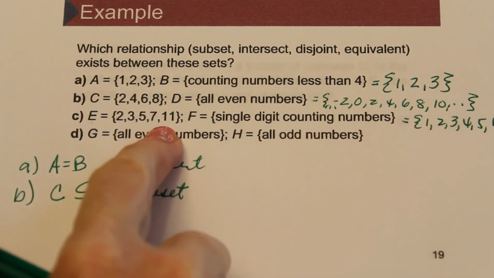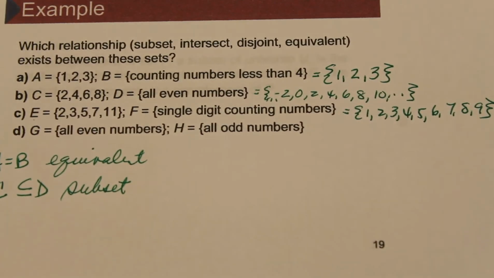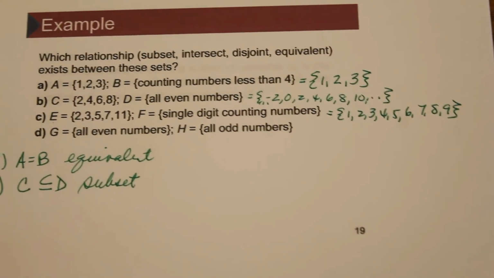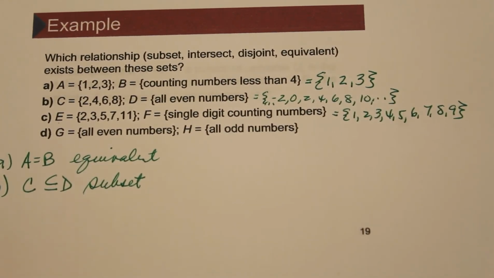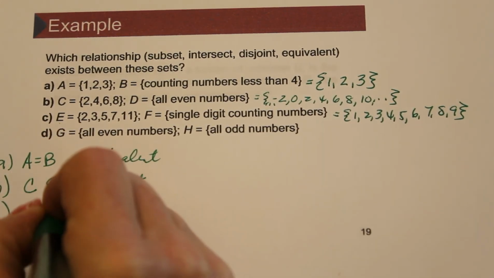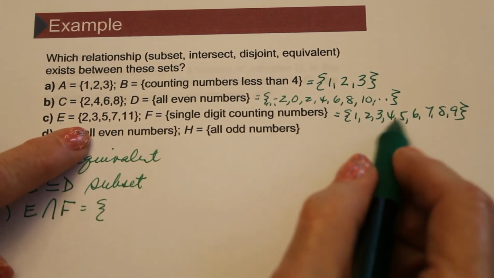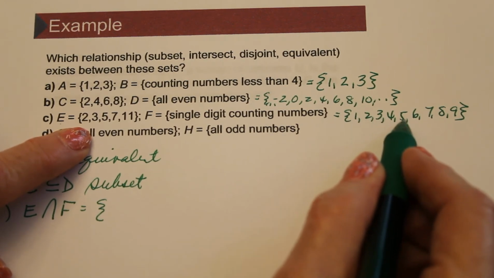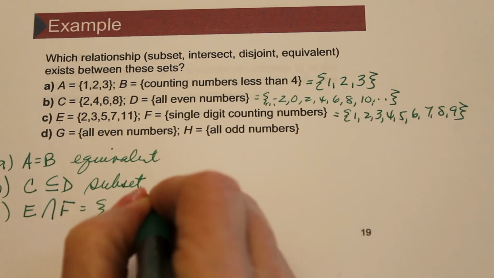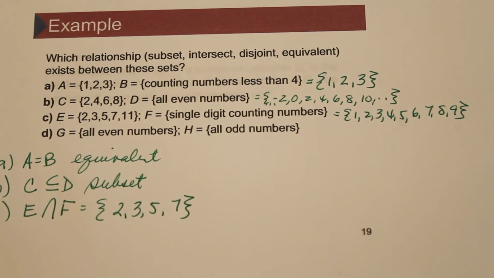They're not subsets, because there's an 11 that's not in set F. But we could say the intersection of E and F: 2 is in there, 3 is in there, 5 is also in F, and 7 is also in F. So 2, 3, 5, and 7 are the intersection.